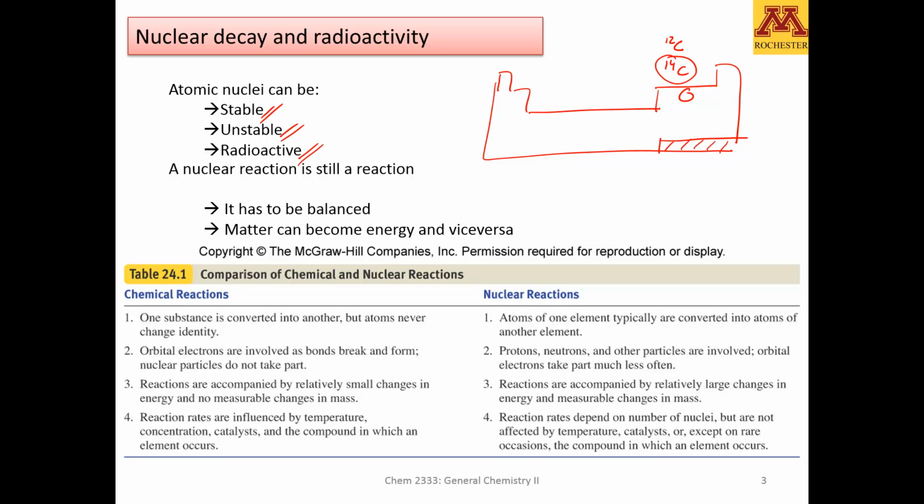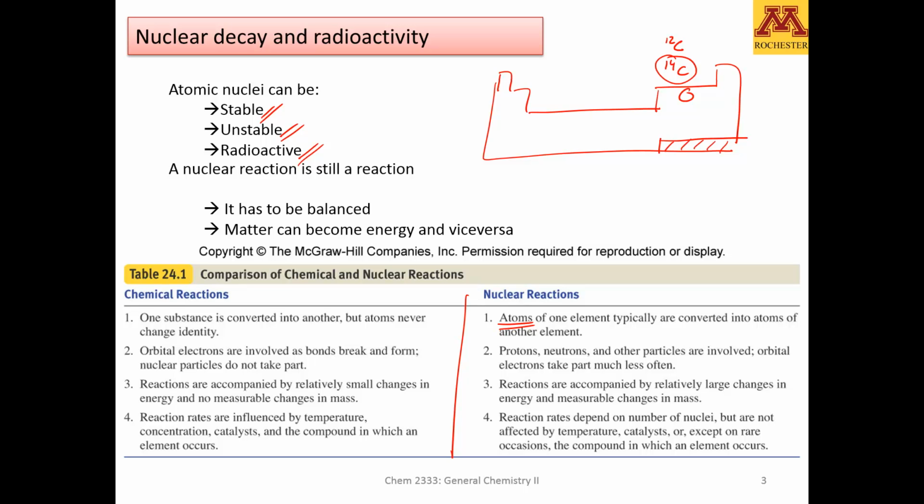So what are the main differences between nuclear reactions and chemical reactions? Mostly, in a nuclear reaction atoms are converted into other kinds of atoms because the number of protons and neutrons change. What defines an atom is its number of protons, therefore it changes its identity.